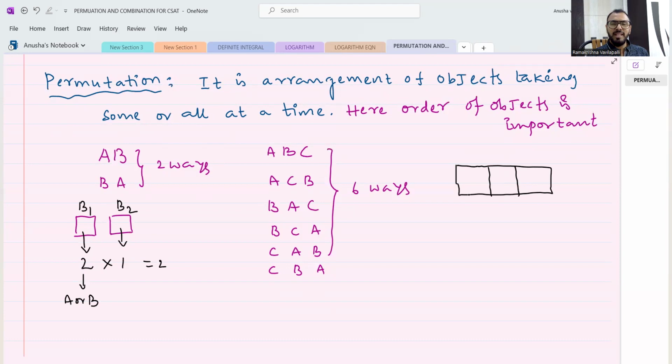So here you see, in the first place, I can put A or B or C. So there are three ways to fill the first place, either A or B or C.